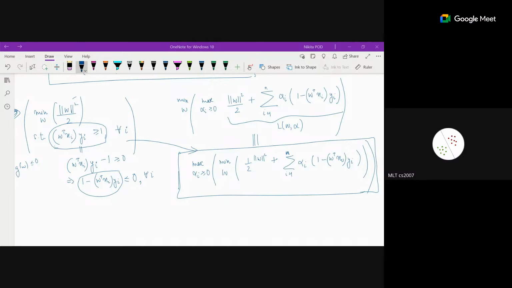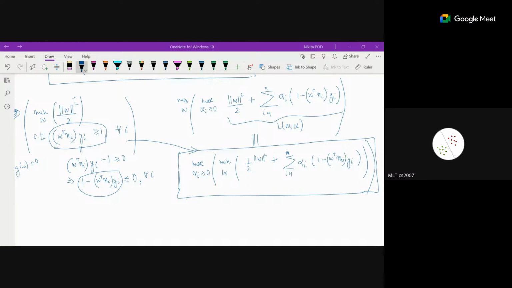And what we saw is that when we took this gamma to be 1, what we wanted was to maximize the width, the space, the margin that you get.